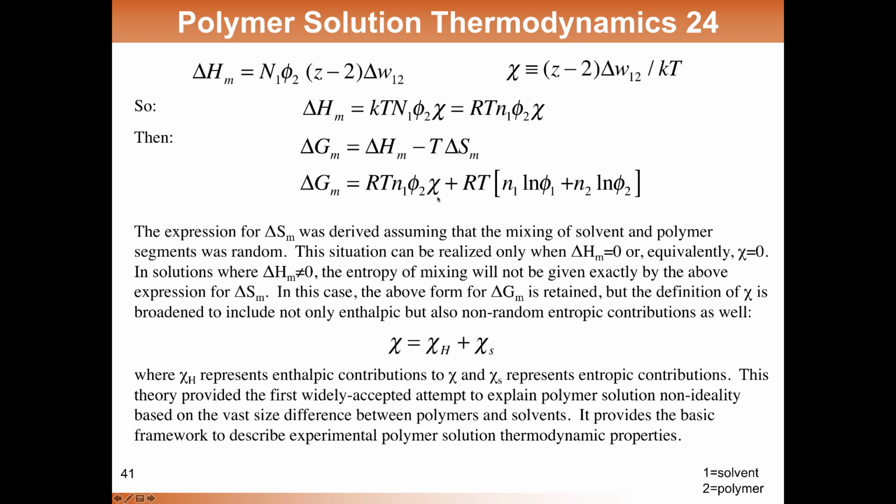Often this parameter chi is treated to a certain extent as an adjustable empirical parameter, and in many textbooks you'll see that if the delta H of mixing is not equal to 0, that has an implication for how it changes the delta S of mixing. And so you'll often see chi written as chi sub H plus chi sub S, where chi sub H represents the enthalpic contribution to chi, and chi sub S represents the entropic contribution.